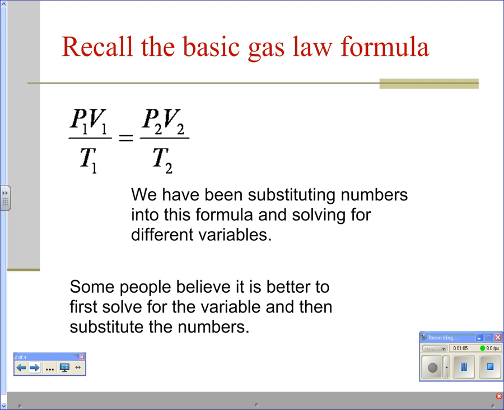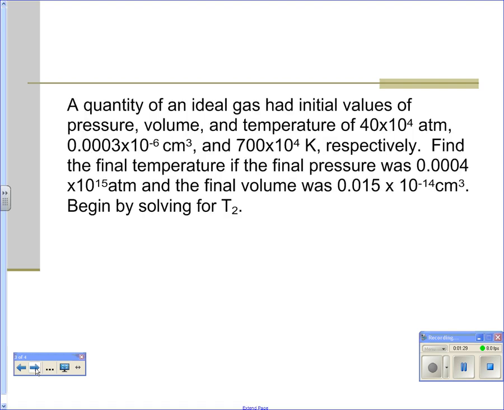So instead of plugging in and then simplifying, they think it's easier to simplify it, rewrite it, and then plug in your numbers. Like if you're wanting to find P1, they make it so that P1 equals whatever, and then they plug in their information. Does that make sense? Okay. So that's what we're going to do for this lesson.